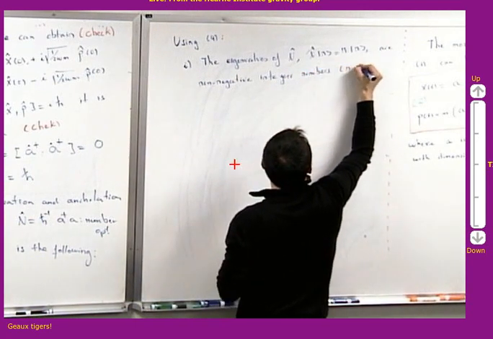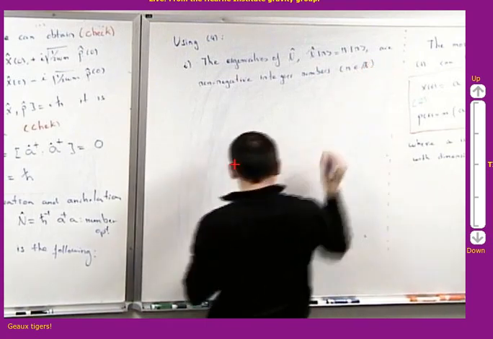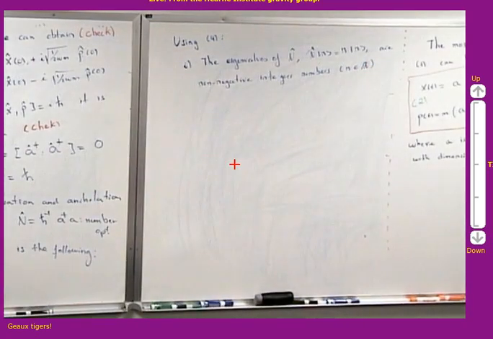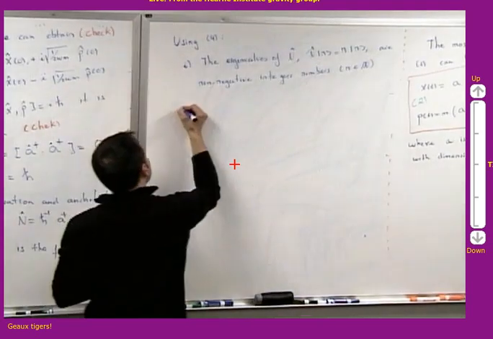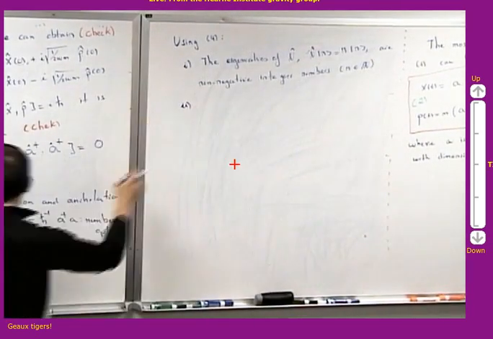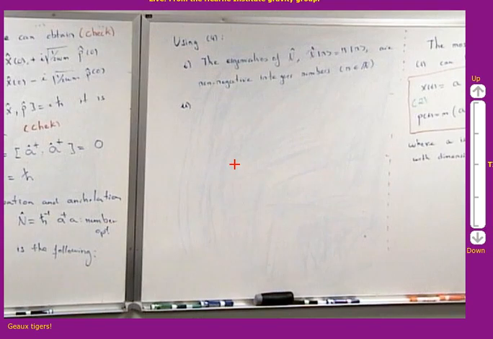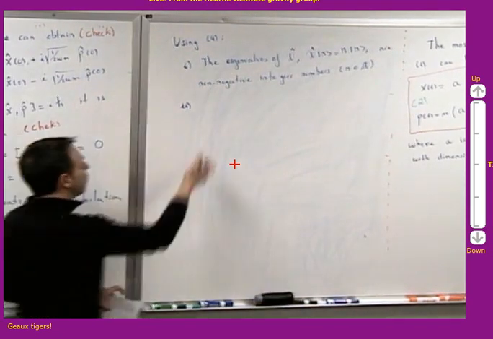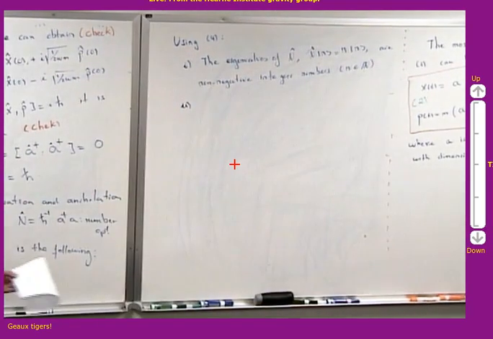So small n belongs to the positive integer numbers, including 0. This comes just from these commutation relations. No more information. With these two lines, you should be able to prove that that is true.